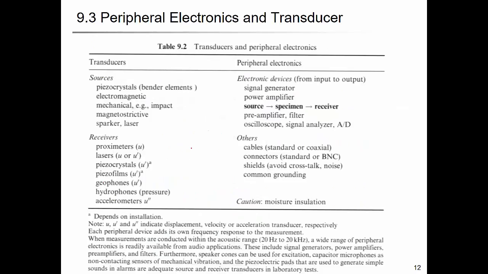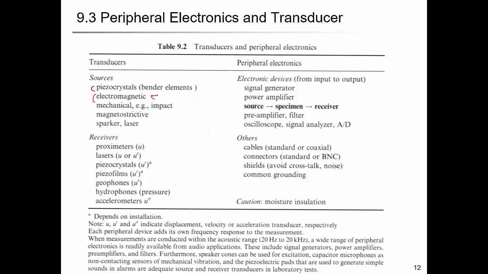And peripheral electronics and transducers. As I said, when you add more electronics and sensors, you are adding another frequency response to the soil specimen and also to the measurement system. So here the source could be a piezo crystal, an electromagnetic apparatus, like a coil and magnet system, or mechanical excitation.